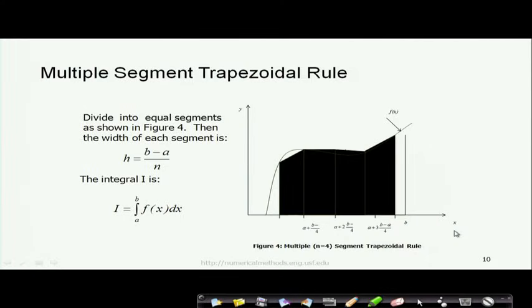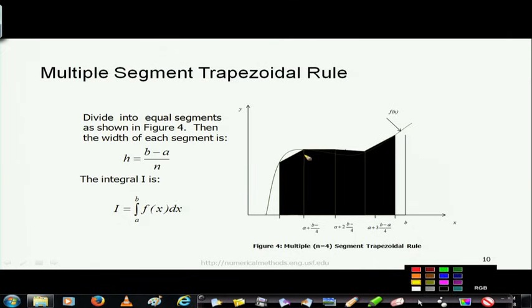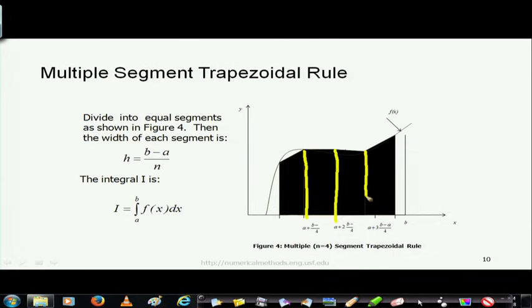Taking cue from this idea, the multiple segment trapezoidal rule is that we divide into equal segments. Say here is one trapezoid, here is another trapezoid, here is another, and here is another. I am getting 4 trapezoids here and trying to formulate this.